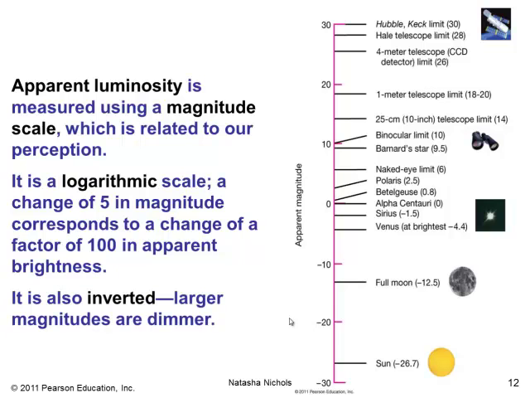The scale inherited has since been extended to cover much brighter and much fainter objects. An increase of 1 in apparent magnitude corresponds to a decrease in apparent brightness by a factor of approximately 2.5. So that's a very useful comparison scale. So go ahead and study that carefully and look at the explanation in your textbook.